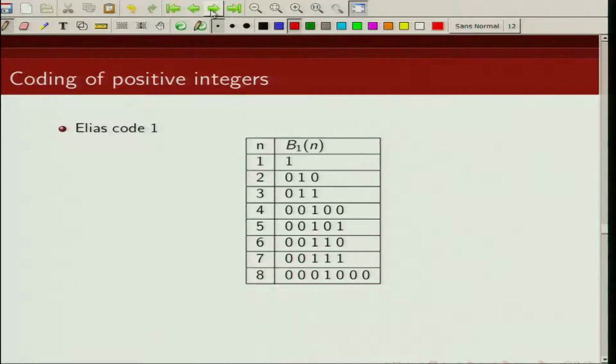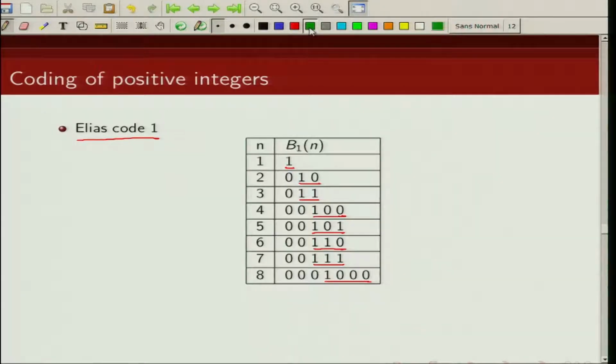So Elias came up with a scheme to encode these positive numbers. I'm calling this Elias code 1. Let me show you what he did. This is the binary representation of 1, binary representation of 2, 3, 4, 5, 6, 7, and 8.